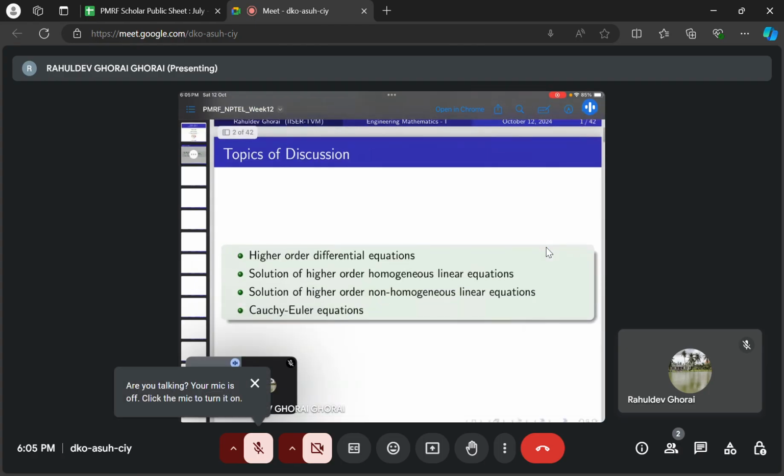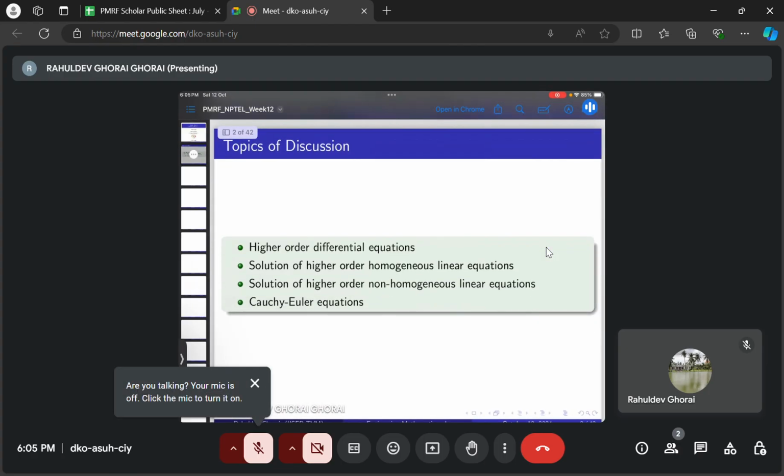Today's topics of discussion are mainly these three topics.